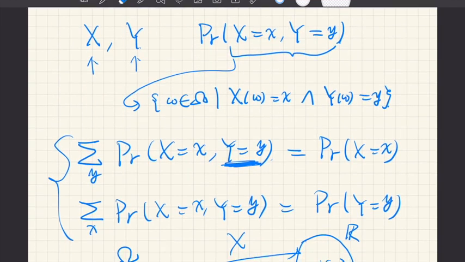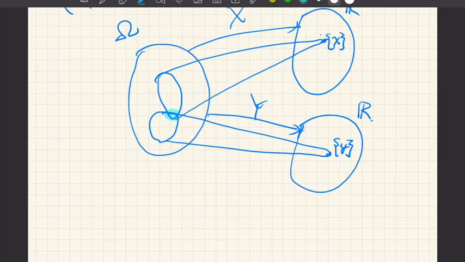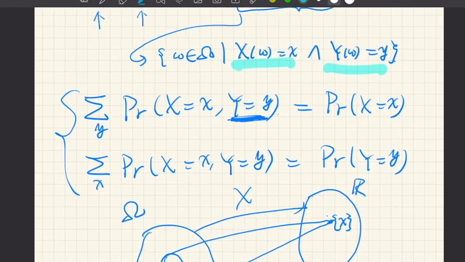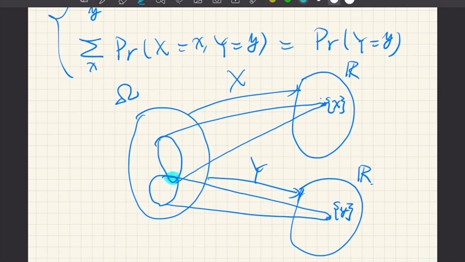Then this and this means this intersection. So what this event means is this intersection. Maybe I should have written bigger. Something like this.